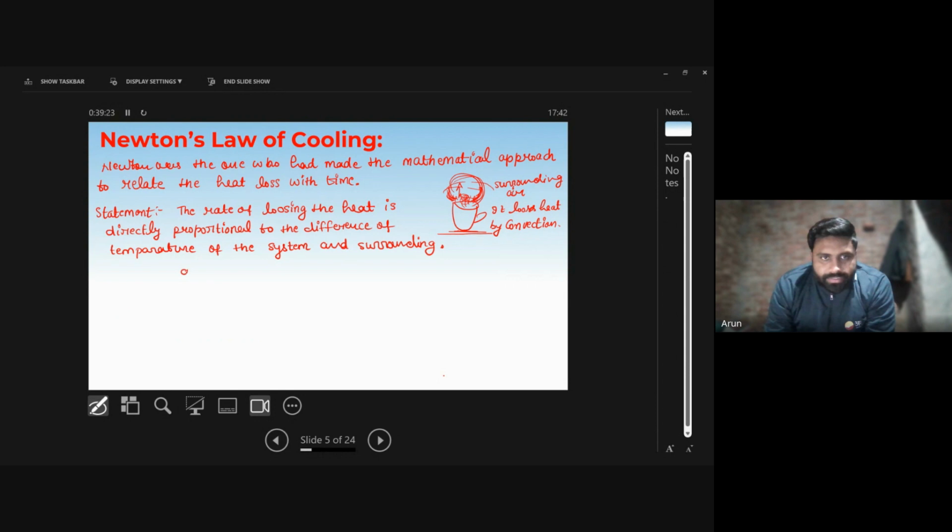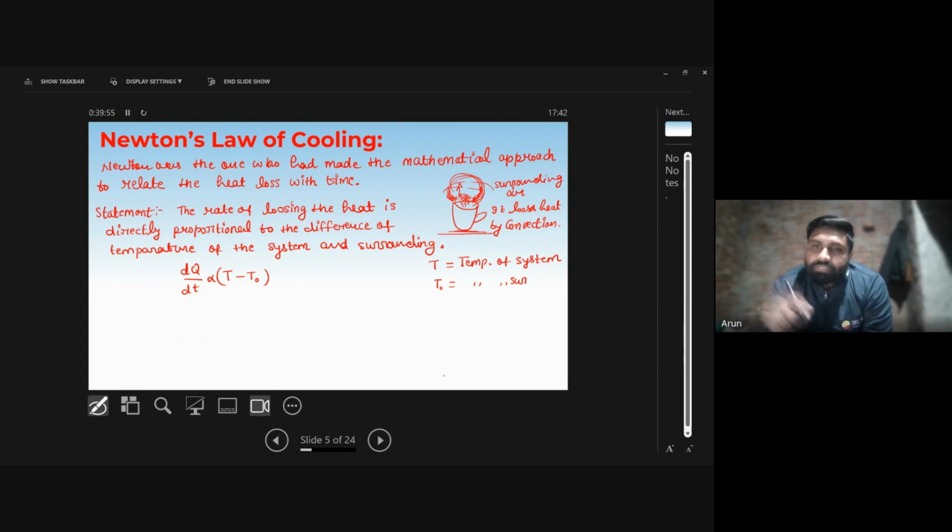Mathematically, it is written as dQ/dt is directly proportional to T minus T naught. Now, what is this T naught? T is the temperature of the system, and T naught is the temperature of the environment or surrounding. I will say temperature of surrounding because it is much easier to understand in terms of system and surrounding.